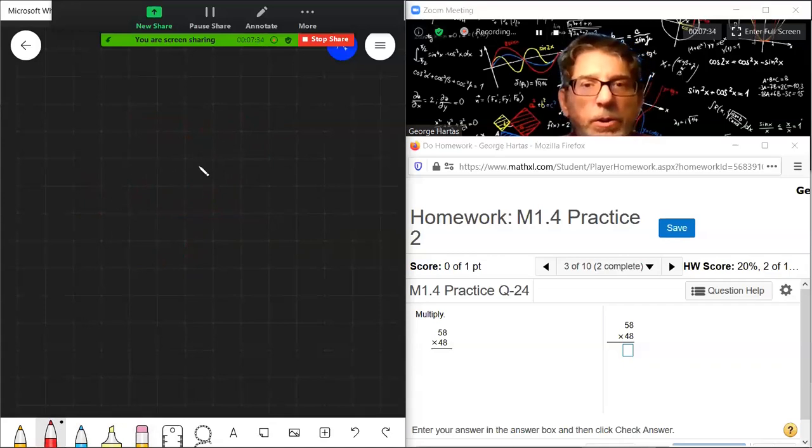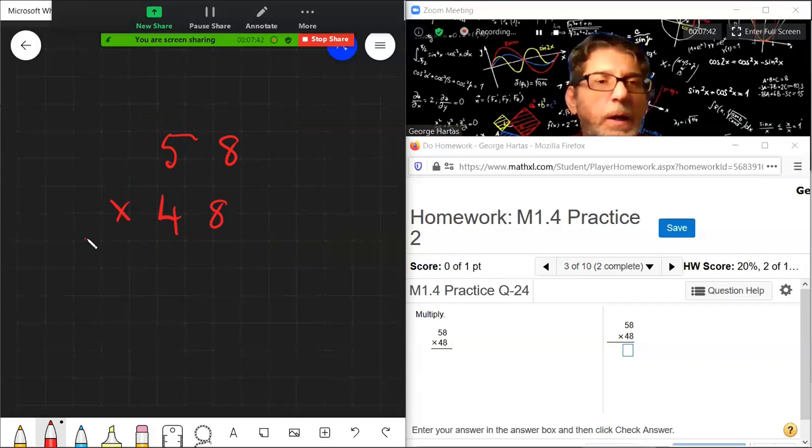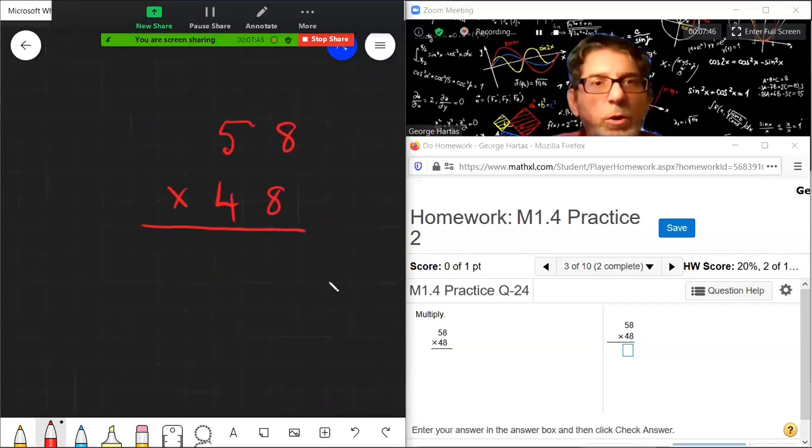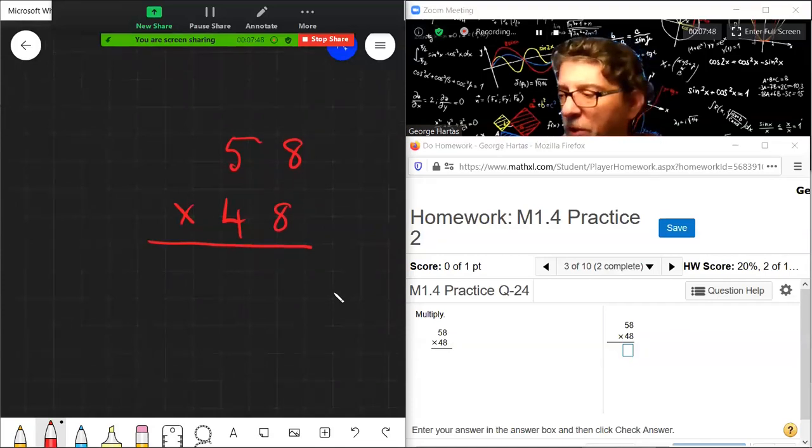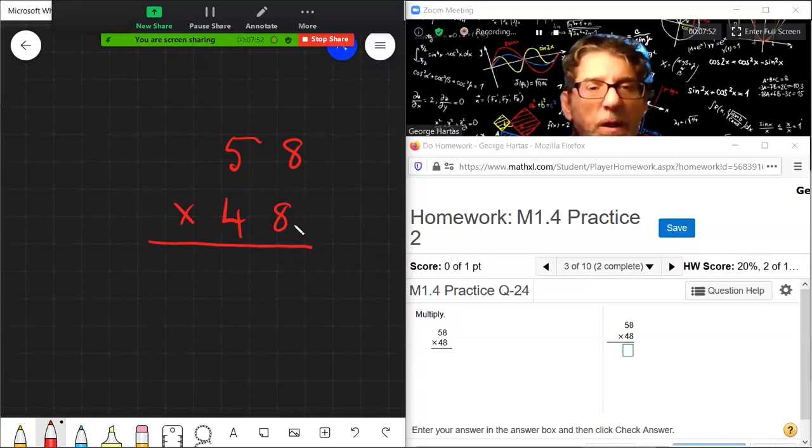Okay, so let's turn our attention to our problem here. We got 58 times 48. All right, so we're going to begin by focusing on the ones digit down here. We're going to multiply this with the ones digit up here, and then this with the next digit over, which is the tens digit.